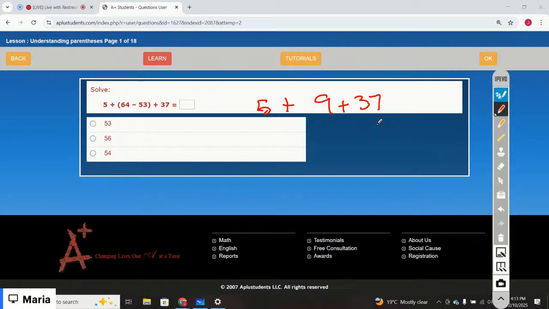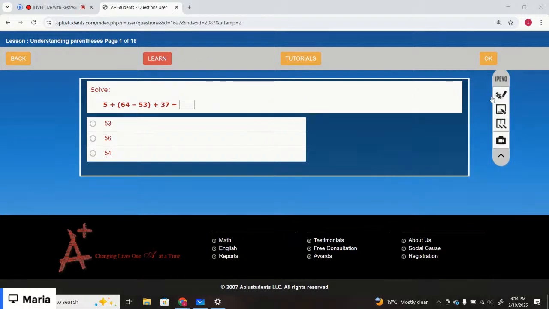So 9 plus... 64 minus 53 is 11. Sorry, not 9. So 11. So let's just add 37. 11 and 5 is 16, plus 37 is 53. The correct option is option number 1. That is 53.